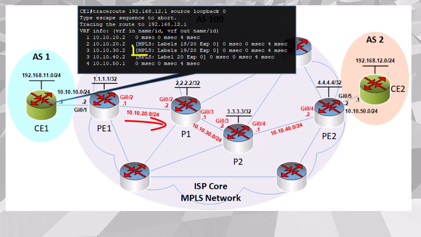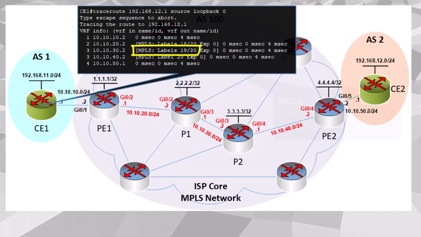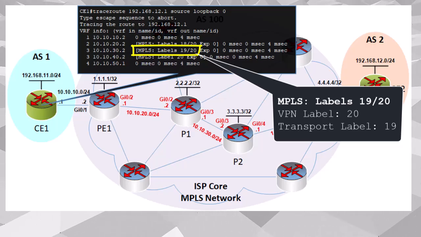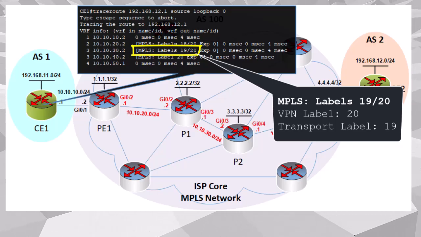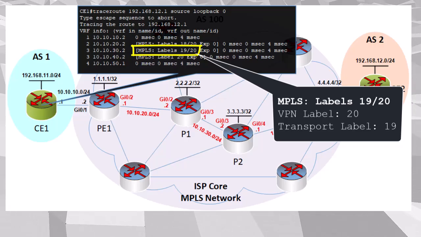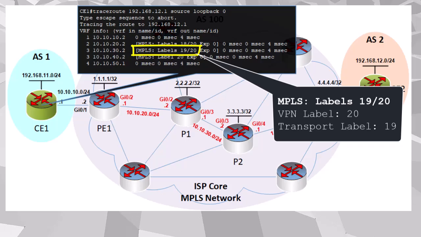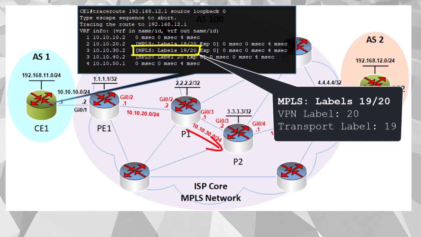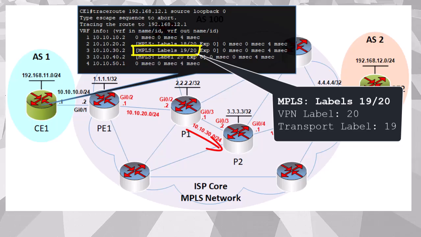This P1 router will look at the outer label, or the transport label, and using the LDP mechanisms that we already talked about, it will take a look at the LFIB to see where this label should be sent. It will swap the label with the value of 19 and send it to the P2 router. It will actually ignore the inner or the VPN label completely.